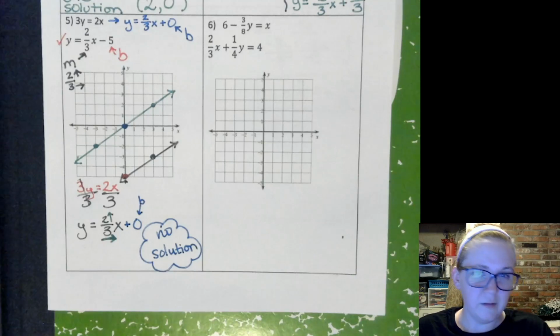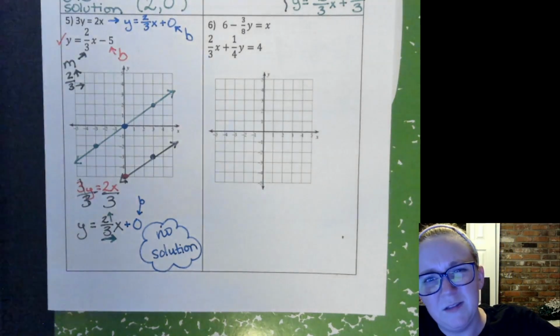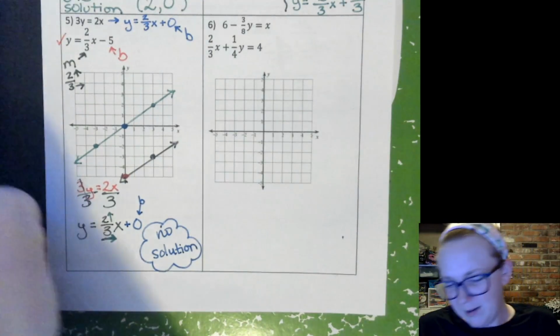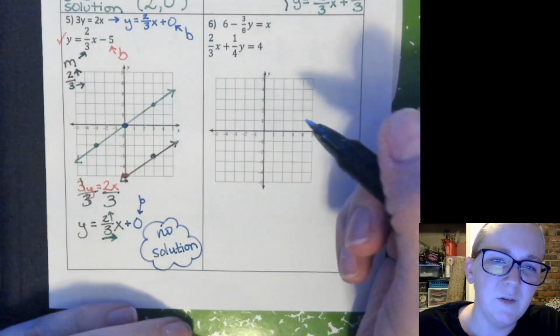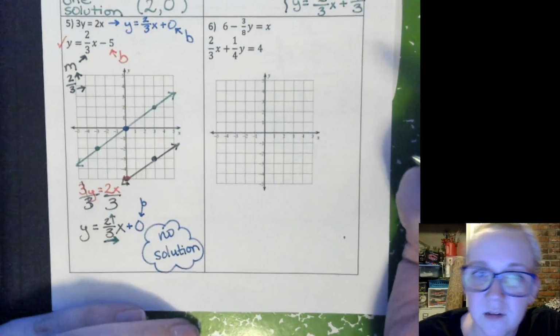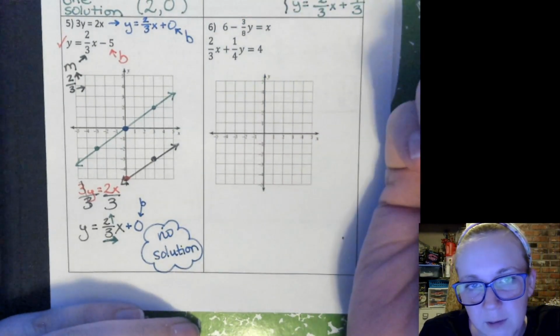All right, one more. Oh man, why did I do that? I hate fractions. I don't hate fractions. All right, so neither of those say y equals 3. I'll do both.